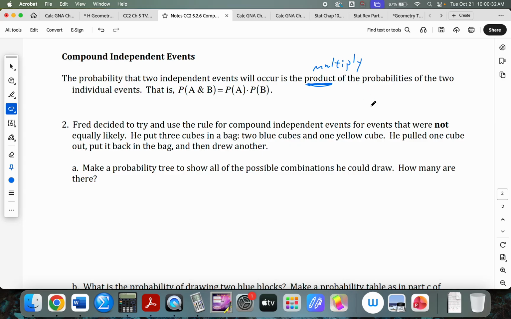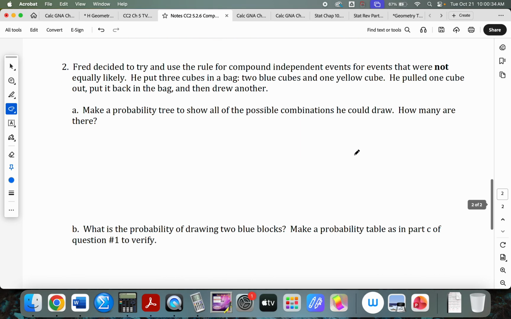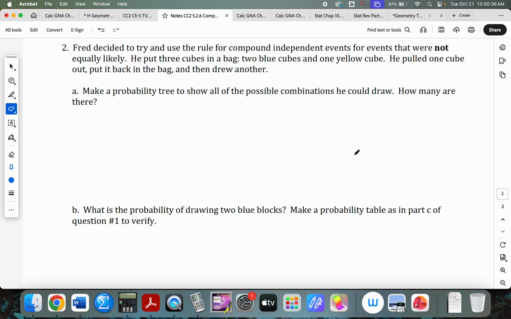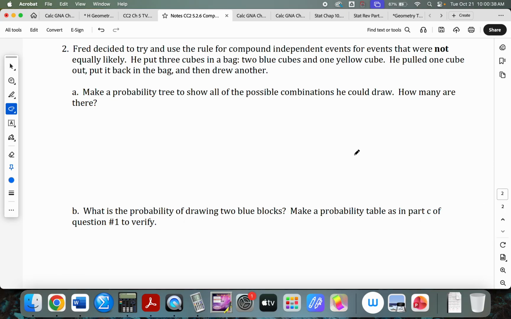So let's take a look at this example. Fred decided to try and use the rule for compound independent events for events that were not equally likely. So he put 3 cubes into a bag, 2 blue cubes and 1 yellow cube. He pulled 1 cube out, put it back in the bag, and then he drew another.